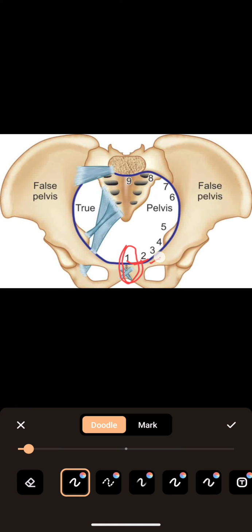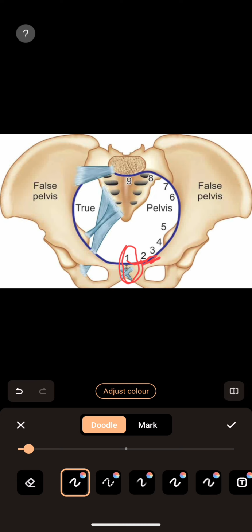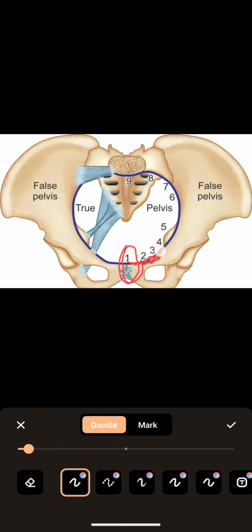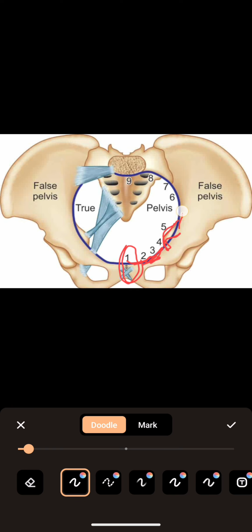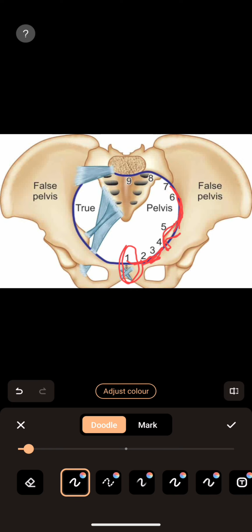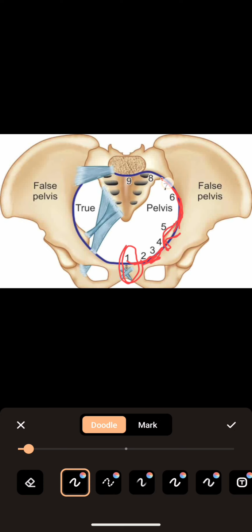Then 2 to 3 is the pubic tubercle. Then we can see the pectineal line. Then there is the iliopubic eminence, and after that the iliopectineal line, sacroiliac joint, then the wings of sacrum, which is the sacral ala, and the last one is the sacral promontory.